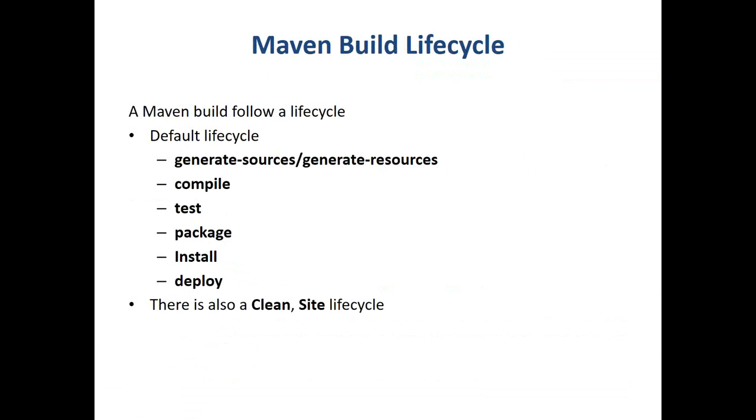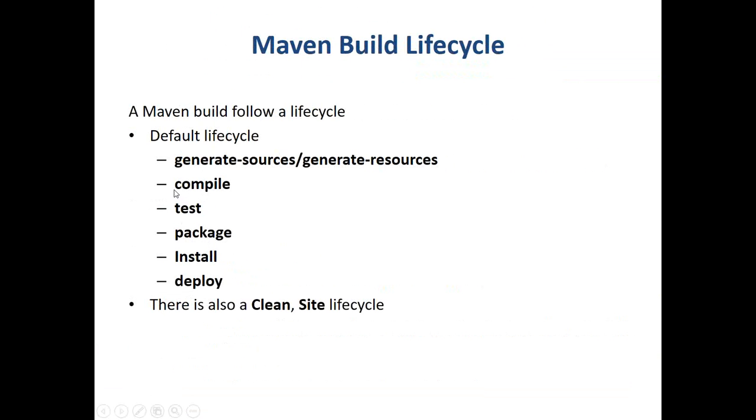Now if you want Maven to do something in addition to this, then you have to tell it what plugin it has to call, and when it has to call it. If you want a new plugin to be called in between these steps, you attach it to a phase based on where you want it called.